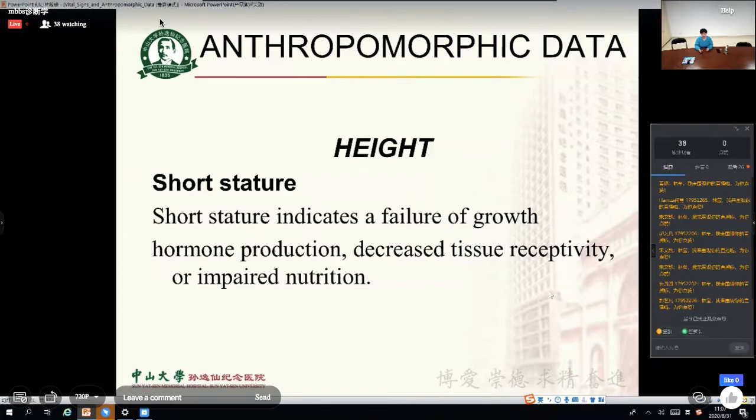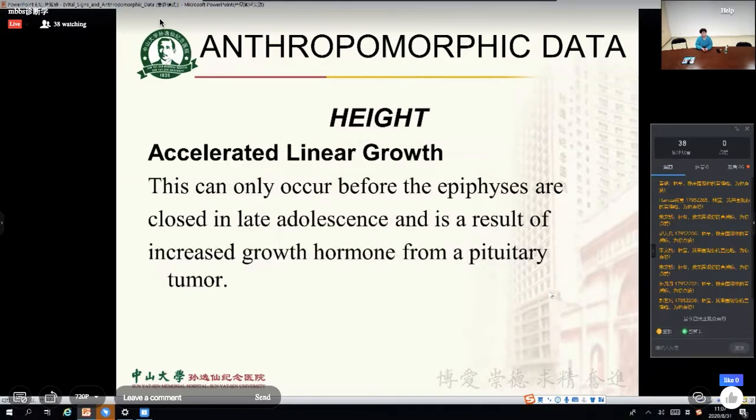So we may have some patients with a very short stature. Also, we have accelerated linear growth. This can only occur before the epiphyses are closed in late adolescence, and is a result of increased growth hormone from a pituitary gland tumor.